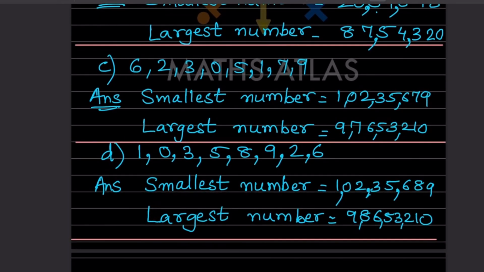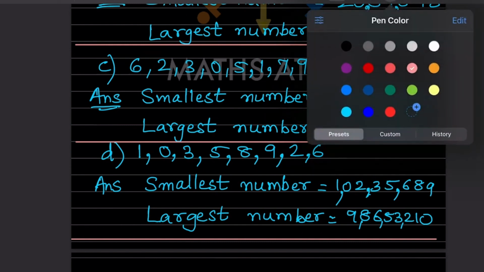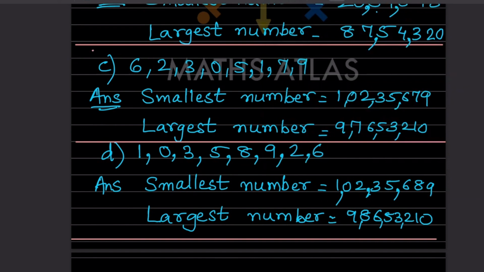Now let us see the next number. So here also we have 0. So just concentrate over here so that it becomes more clear. Now, as I said, after 0, the smallest number is 1. So let me again put a tick mark over here, 1. Then, as I said, the 0 should be put immediately after the first number.